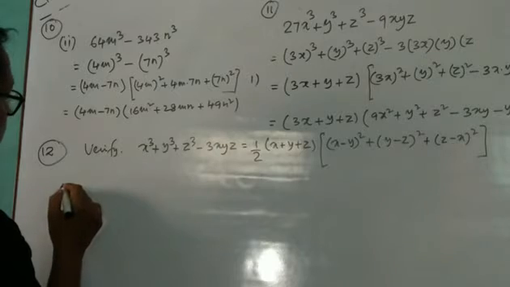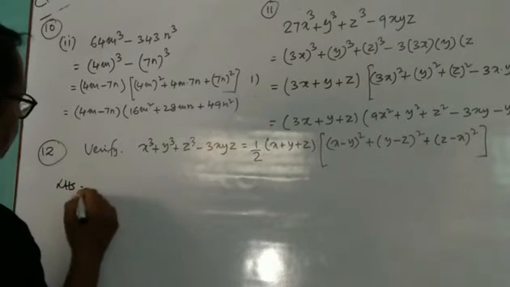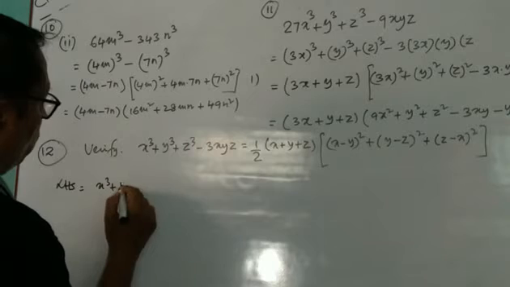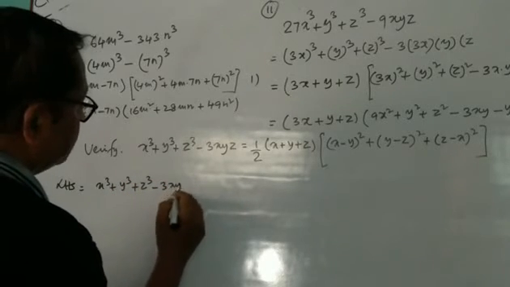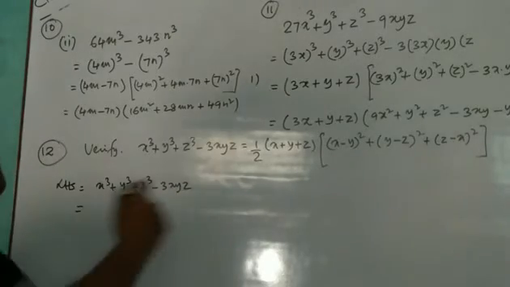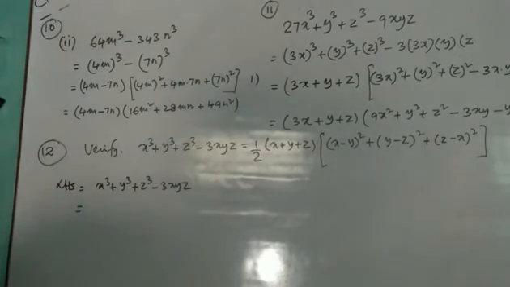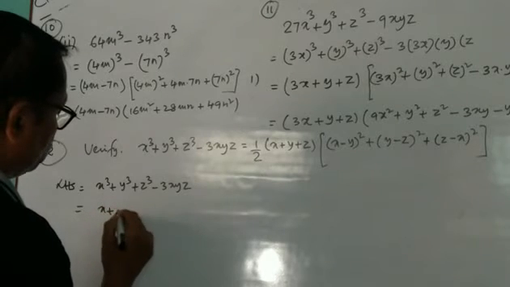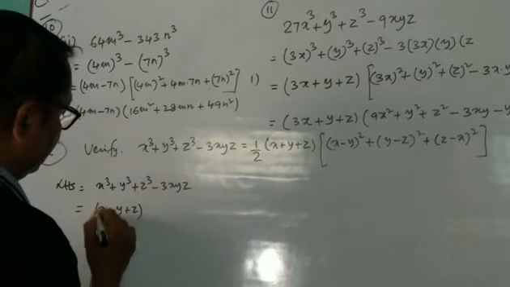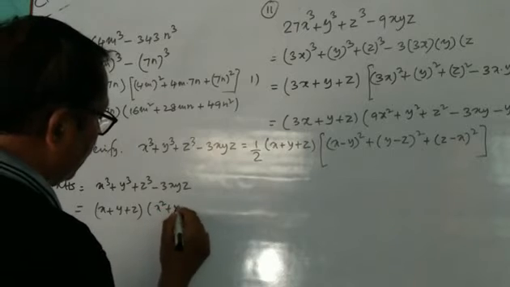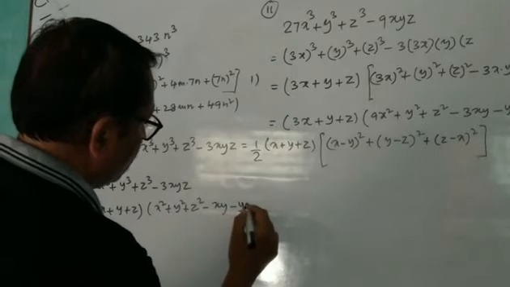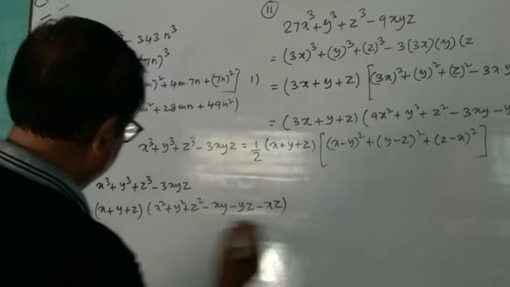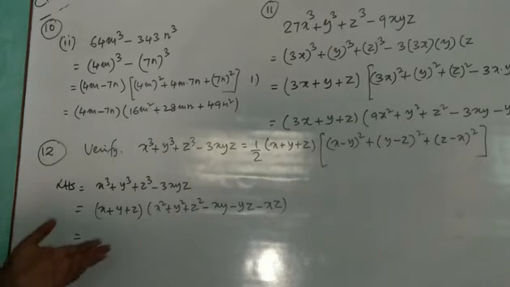See, proof. What does LHS equal? x cube plus y cube plus z cube minus 3xyz. We know that it has a right hand side also, this formula. This formula is x plus y plus z into x squared plus y squared plus z squared minus xy minus yz minus xz. Now what you do, you divide and multiply it by 2.